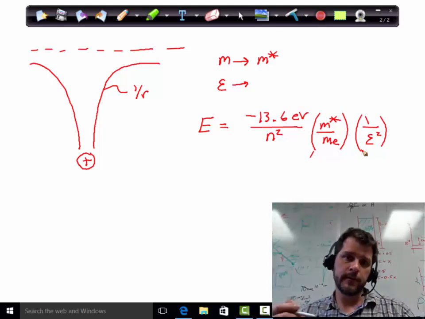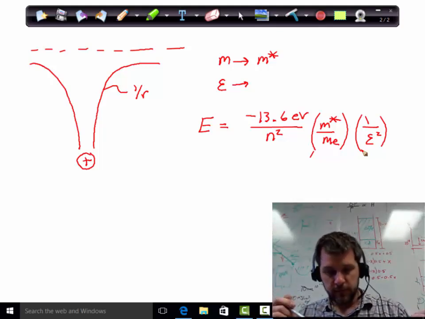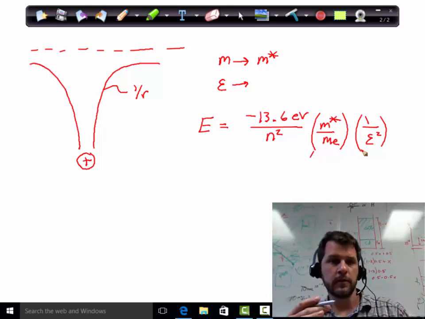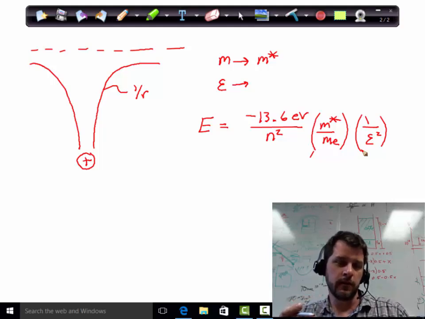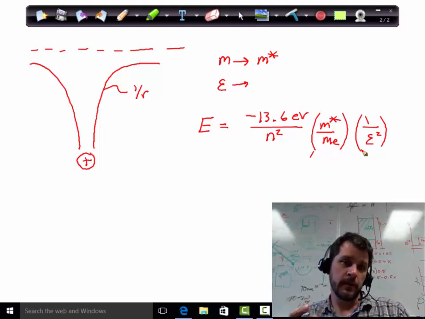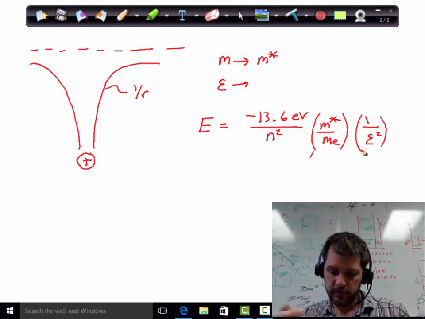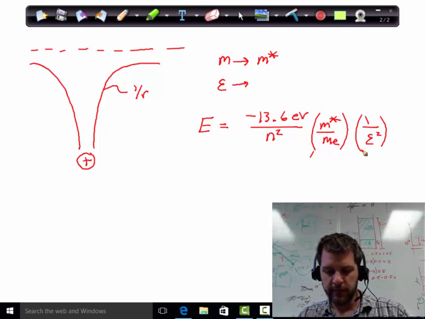Roughly speaking, m star for electrons and holes in most semiconductors is roughly 10% or so of the free electron mass, so let's give that a factor of 10.